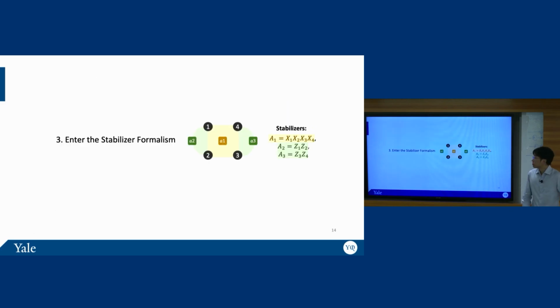Okay, in order to talk about more codes, I'd like to introduce this beautiful theory behind the stabilizer formalism. As we were already doing, we are defining error correction or error detection codes using stabilizers.